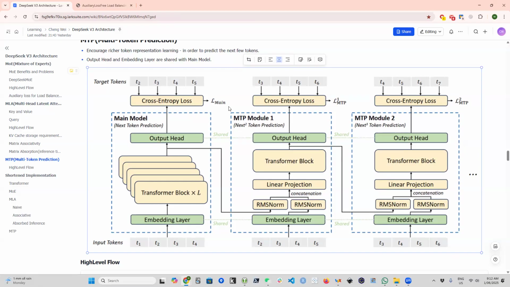So this way we encourage richer token representation, right? If it doesn't contain anything about the future like T3, T4, it won't be able to do that, because we are pushing it to do so. So it will try to learn richer token representation. This is only during training, though. Yeah, only during training, and once it's trained, we cut off the extra parts and leave only the main model as normal.